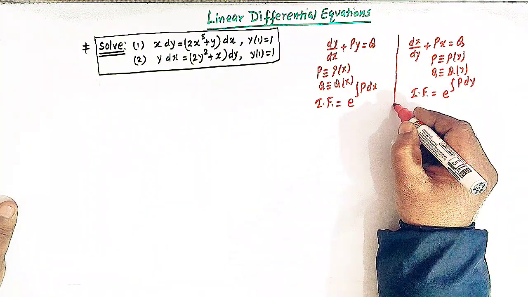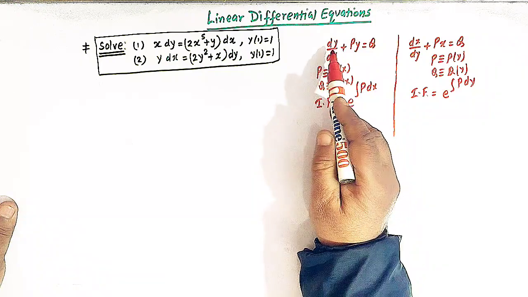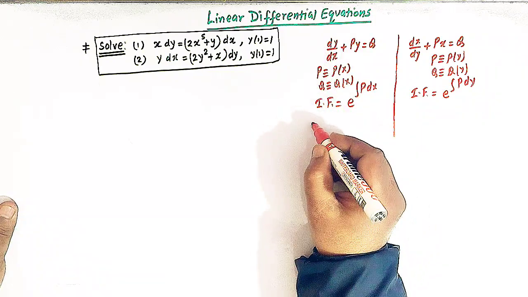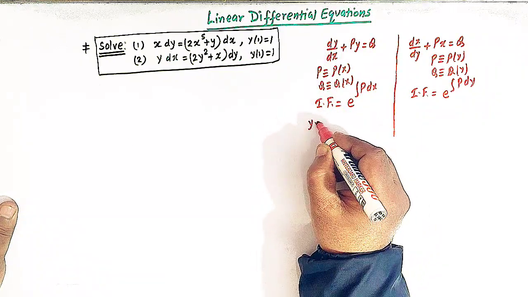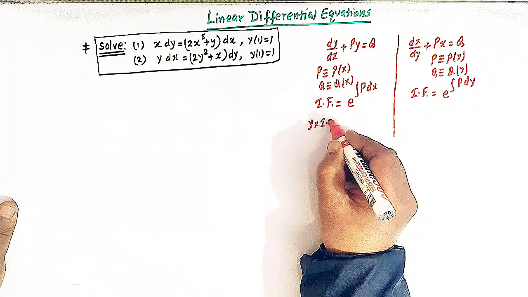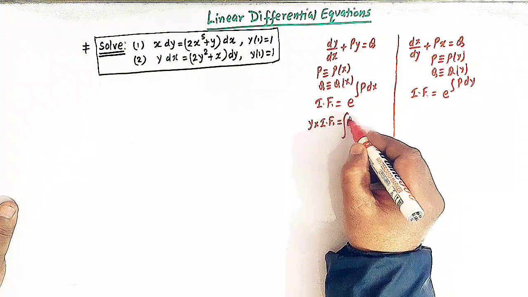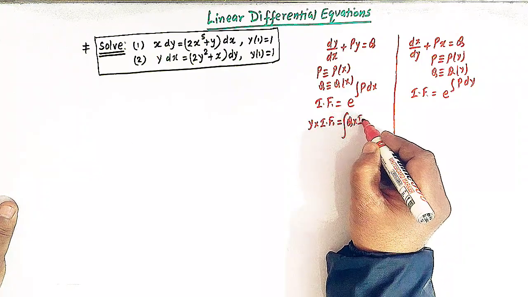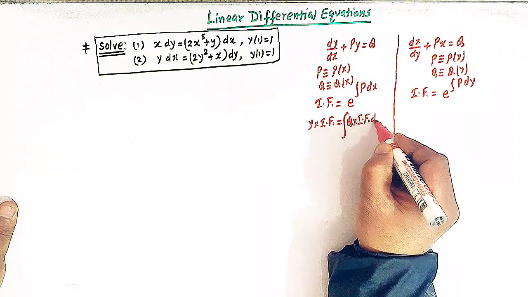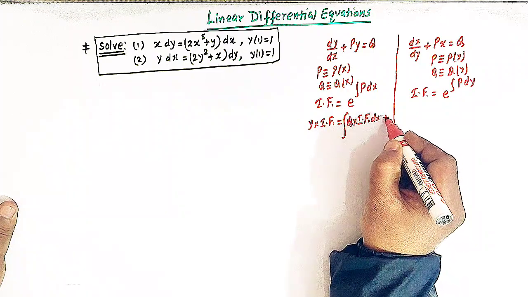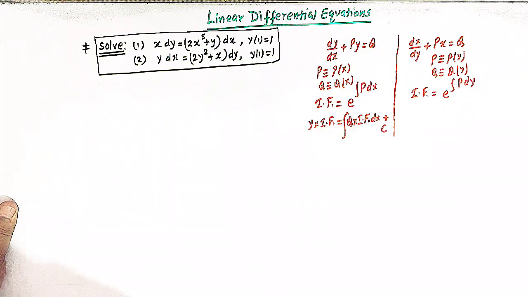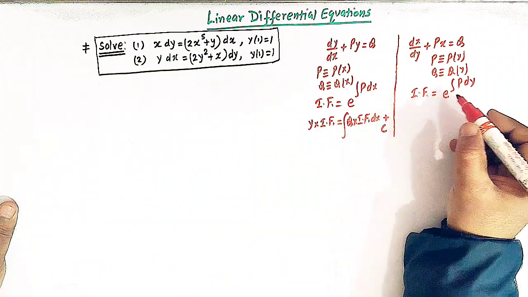The solution is given by y times integrating factor is equal to integral q times integrating factor dx plus c, where c is the constant of integration.